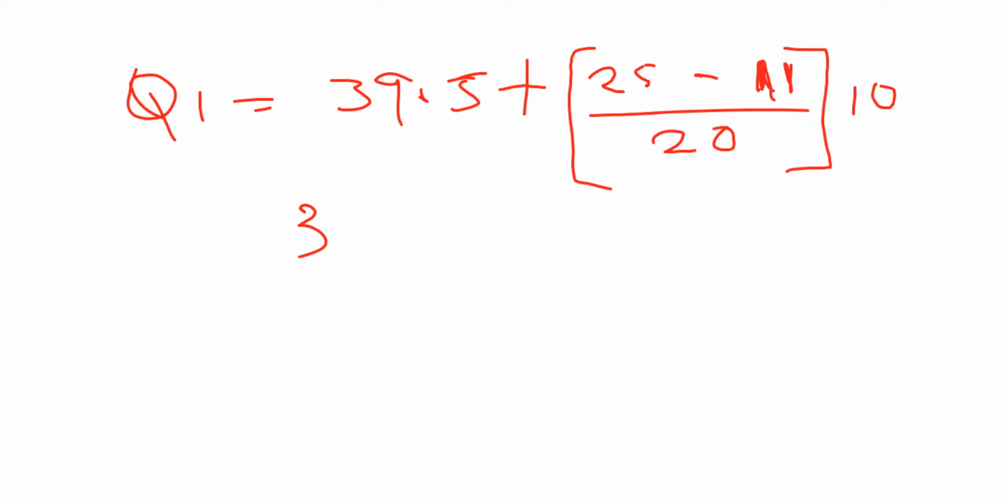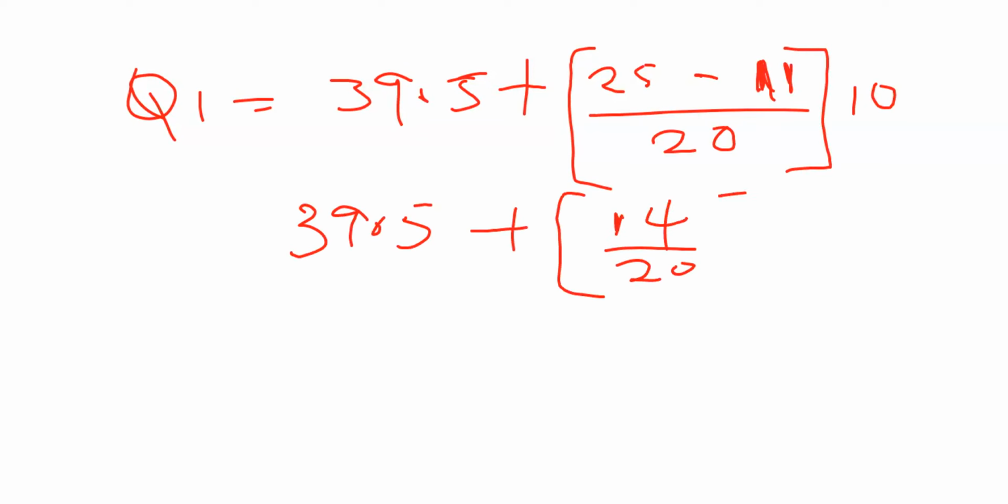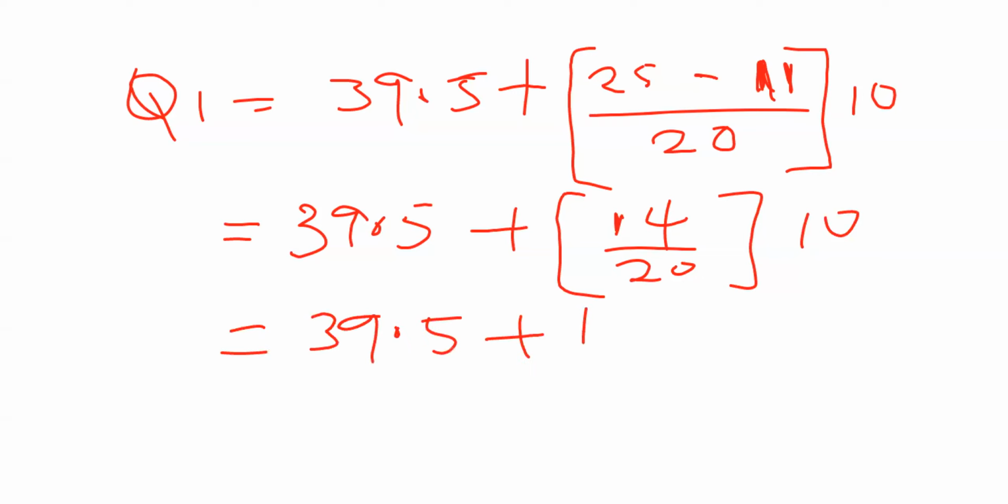So we have 39.5 plus 14 over 20 multiplied by 10. So we're having here 39.5 plus 140 over 20. As usual, 140 divided by 20 is 7. And 7 plus 39.5 is 46.5. So everything is taken care of.